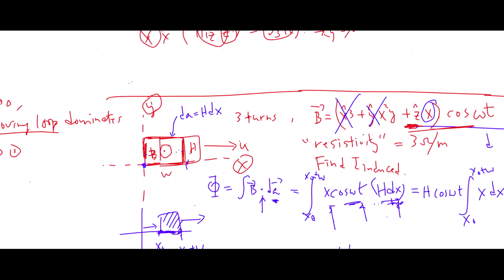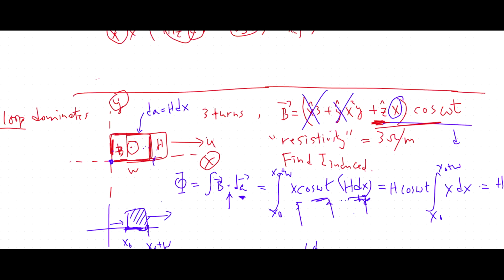Do I get more flux or less flux? More, because I have an X here. As I move more to the right, the magnetic field strength increases. Okay, so it's actually increasing.